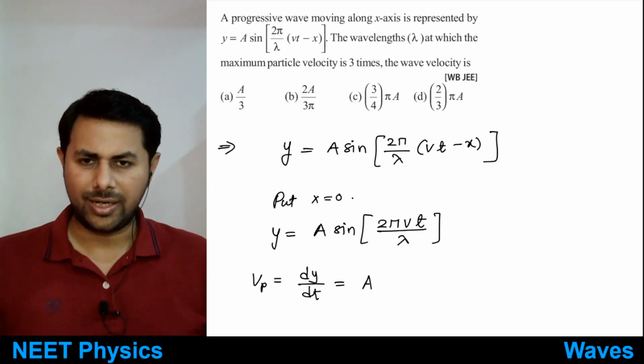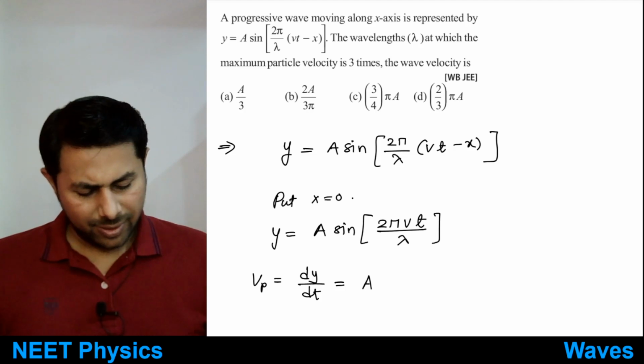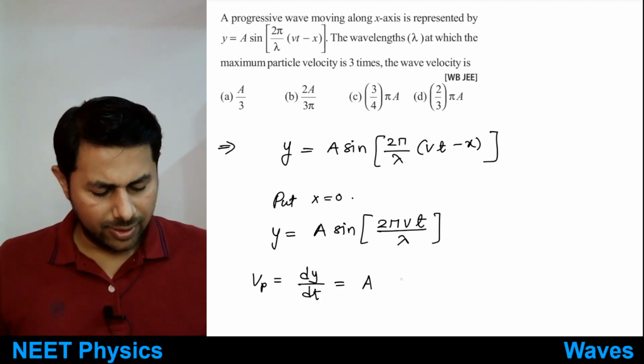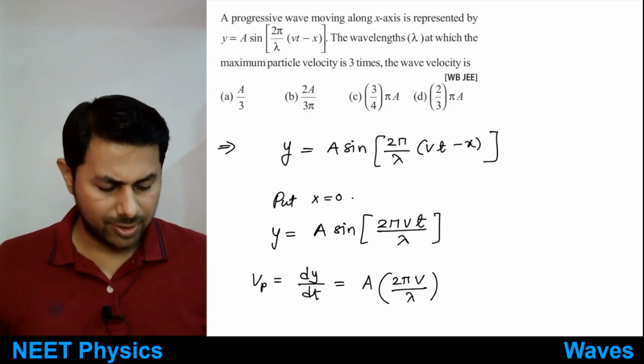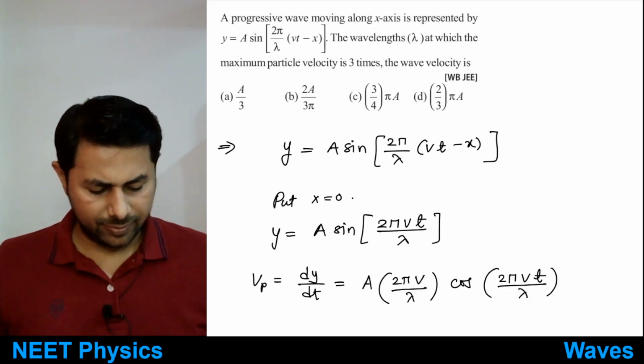Okay, so that thing will come in multiplication. Right, so it is a times 2 pi v by lambda, times cos of 2 pi vt by lambda.